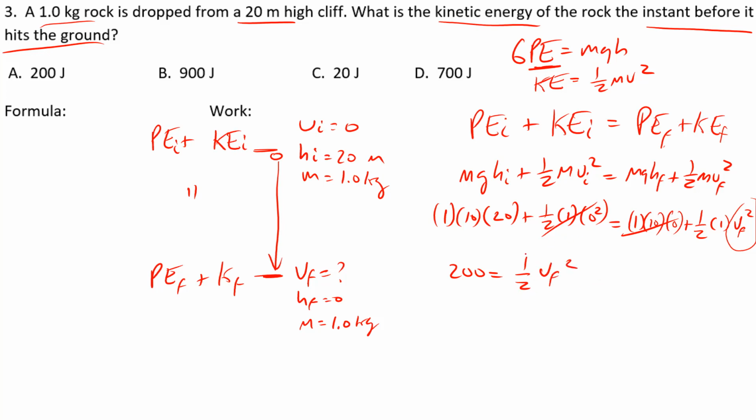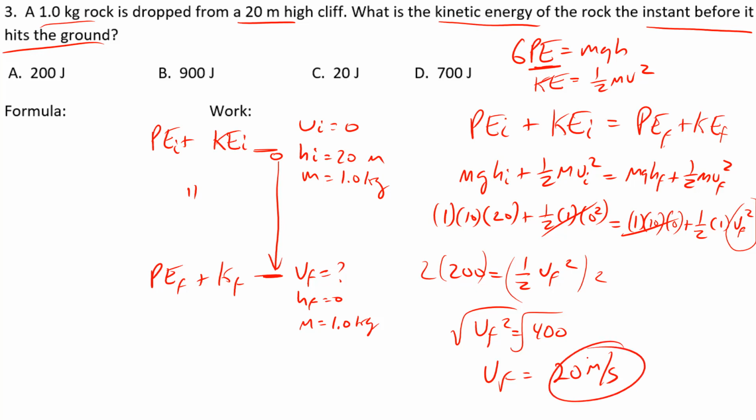We're going to multiply both sides by 2 to get rid of that. Then you're going to have vf squared equals 400. And we're going to take the square root of both of those. So vf equals the square root of 400, and that ends up being 20 meters per second. So that's how fast it would be going when it hit the ground.